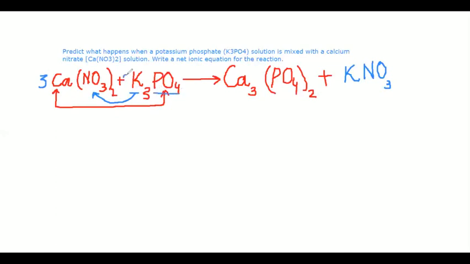So multiply this one with 2. Now we have balanced this compound with the left side. How many K here? 6. How many K here? 1. So multiply this one with 6. Now this is your balanced chemical equation.